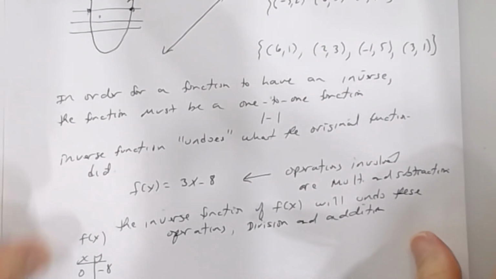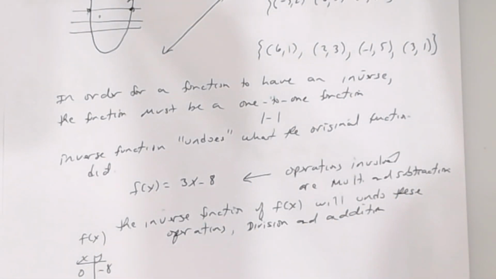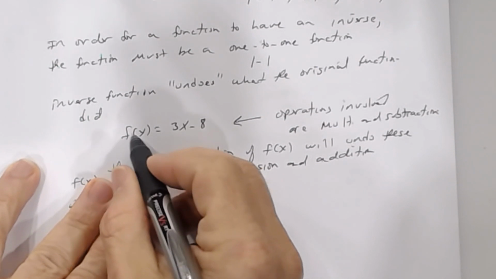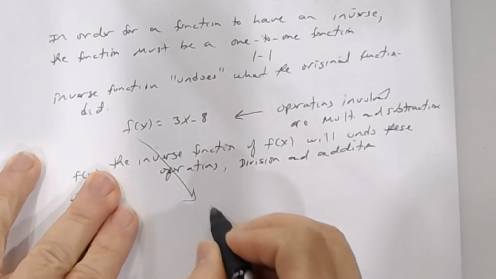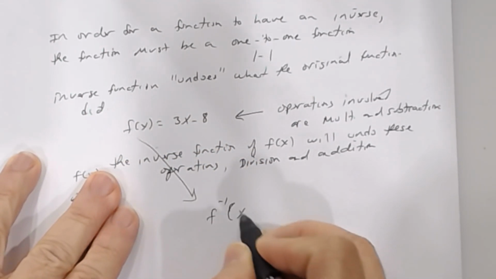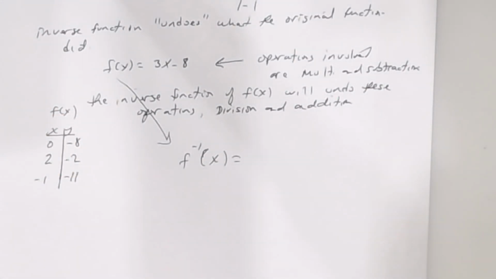You have enough information from our discussion to kind of tell me what the inverse of f is. Okay, listen, we can do this together, and then I'll give you one where you can do it by yourself. F inverse of x equals. All right, so remember, the inverse undoes what the function did, right? So if this function multiplied by 3 and then subtracted 8, go backwards.